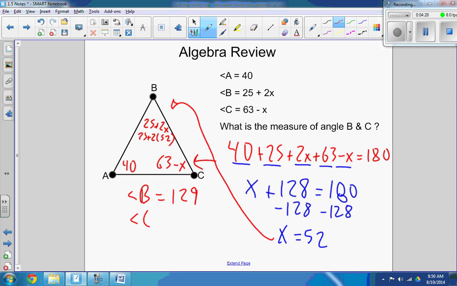Angle C, 63 minus 52. Angle C is 11 degrees. So the measure of angle B and the measure of angle C. Now, if we want to double check our work, we can confirm that 129 plus 11 plus 40 does, in fact, equal 180. So we are set.